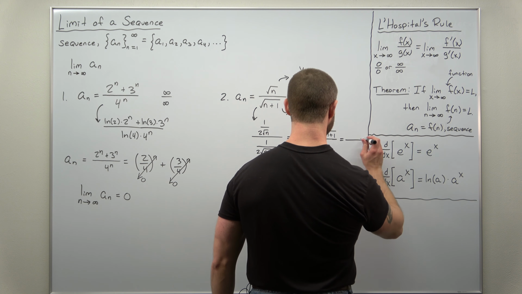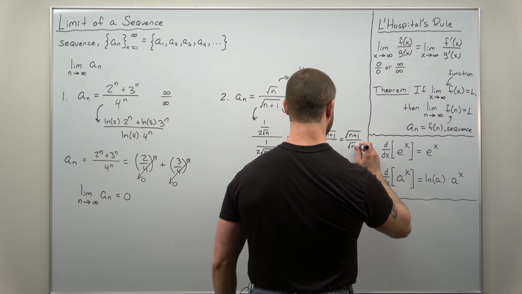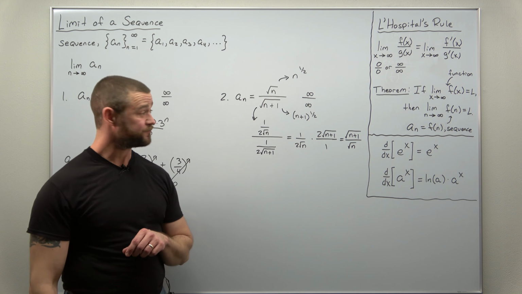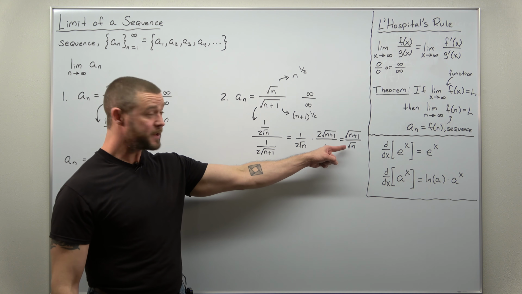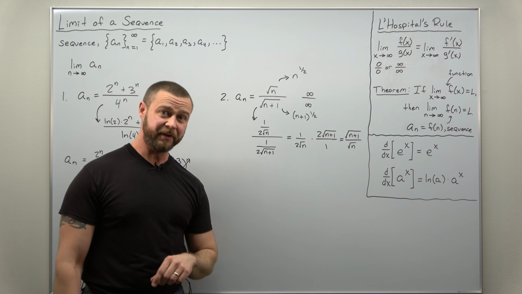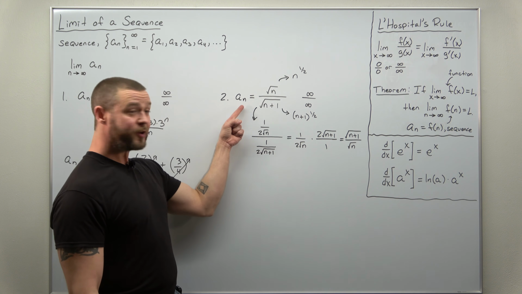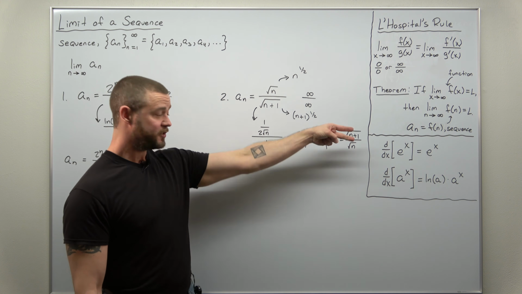This gives you the function square root of n plus 1 over square root of n. And that is pretty much the original term for the sequence, but just flipped. So if you were to apply L'Hopital's rule, you pretty much get the same term, just flipped.